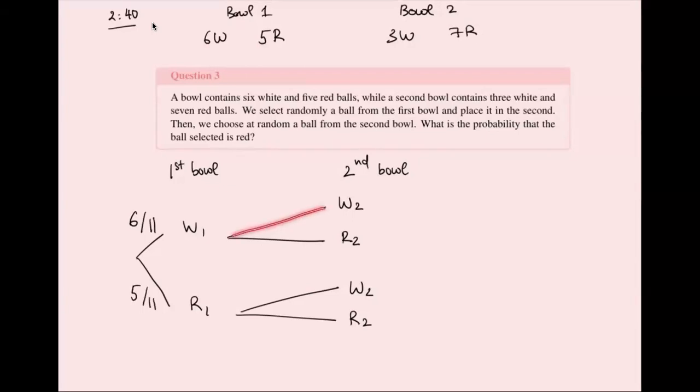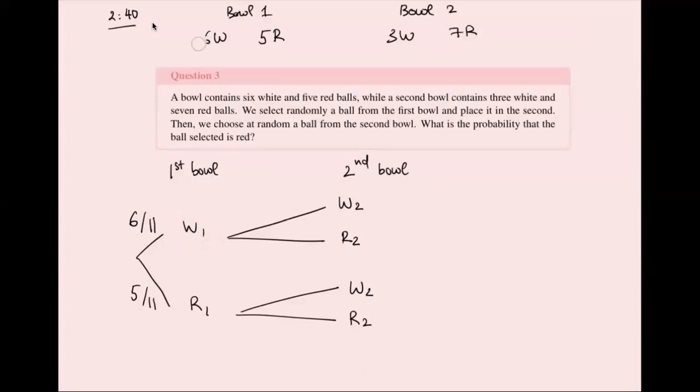And the number that you're supposed to fill in here is the probability that you select a white ball from the second bag, given that you select a white ball from the first bag. Let's assume that we select a white ball from the first bag.